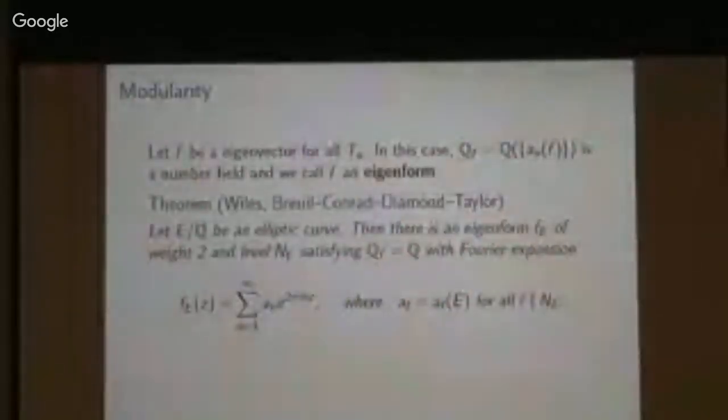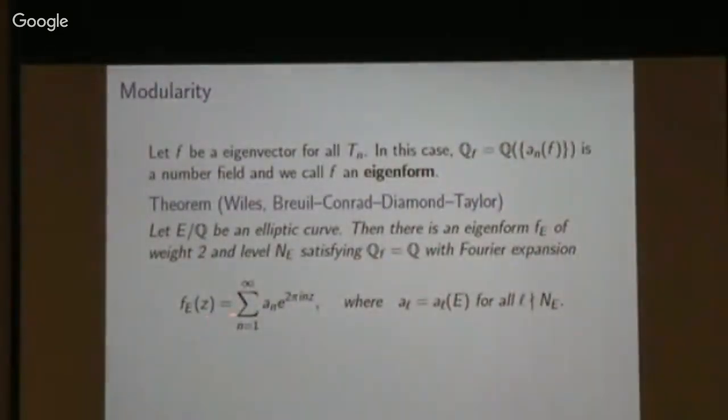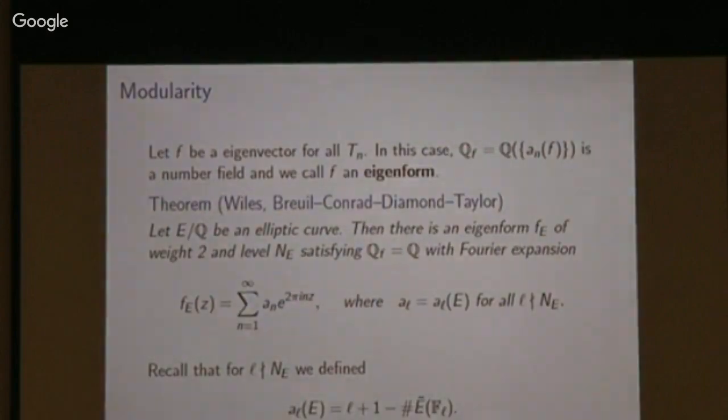And the Fourier expansion of that form will satisfy that for every prime l not dividing the level, the coefficient a_l here is actually going to be equal to this a_l(E) that we have defined just by counting points on the curve. So we go from a holomorphic function to the elliptic curve by this relation.